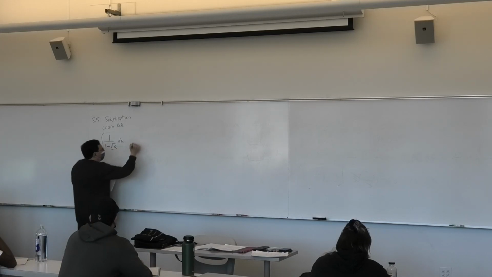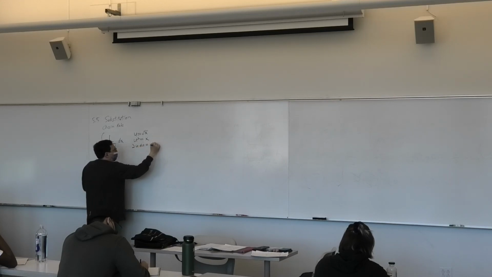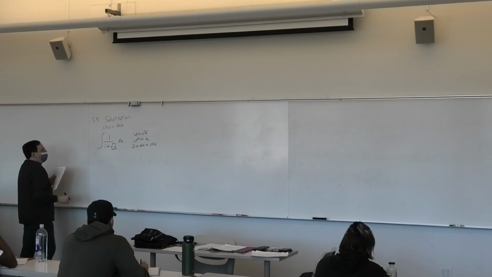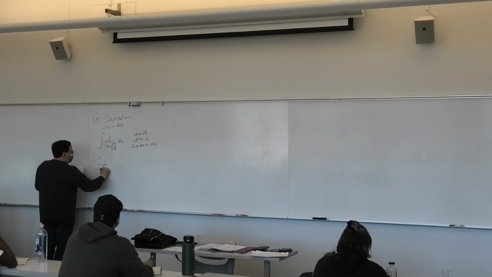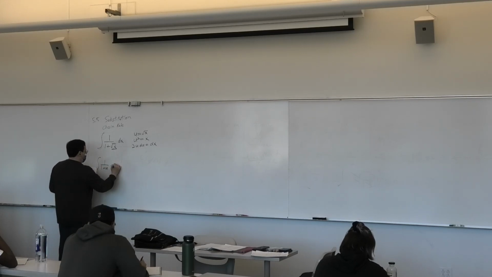But again, the obvious thing would be to set u equals square root of x, or u squared equals x, or 2u du equals dx. And substituting in, we get over 1 plus u times 2u du.